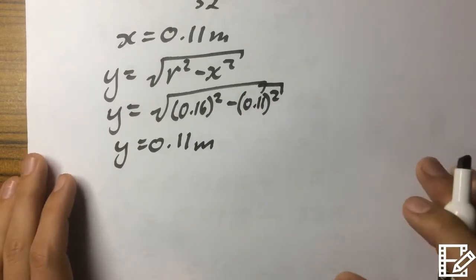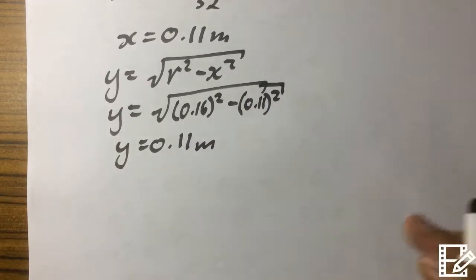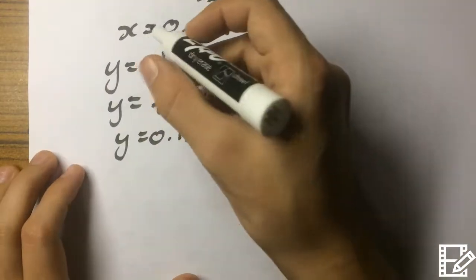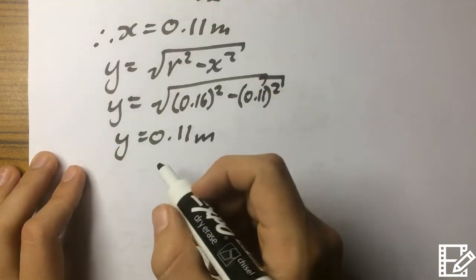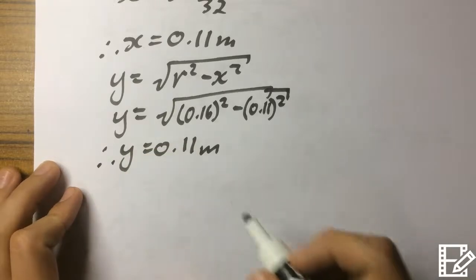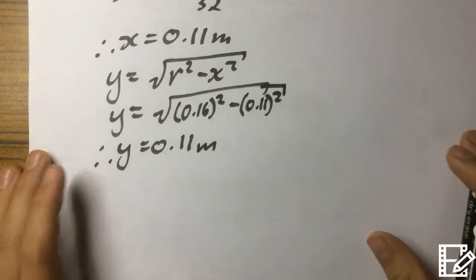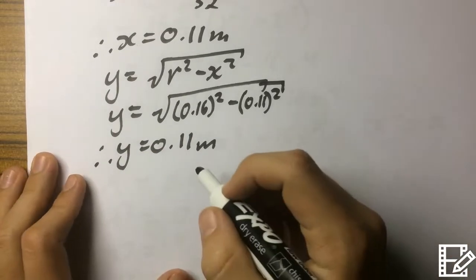Okay, so that means that x is equal to 0.11 meters and y is equal to 0.11 meters, which means it's a square. The sticker is going to be a square.